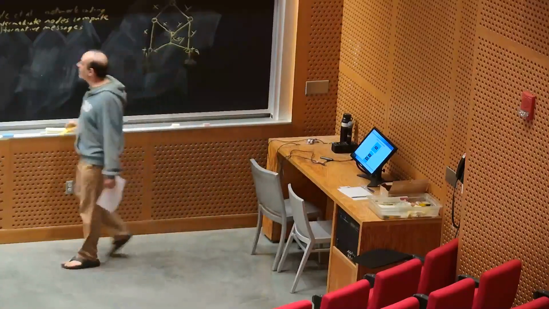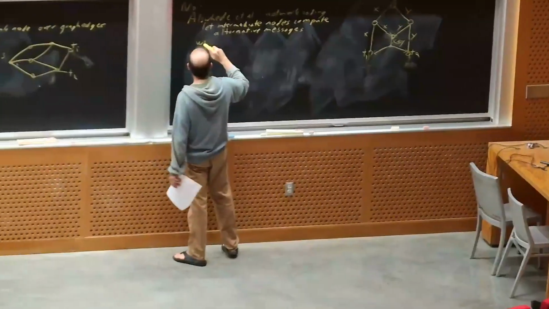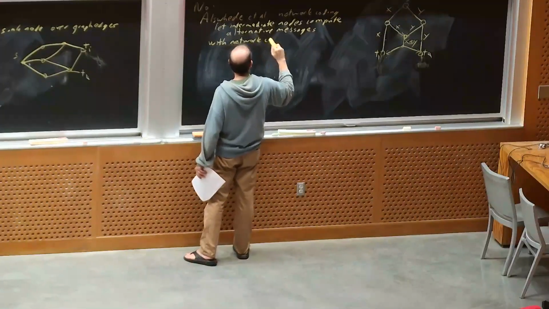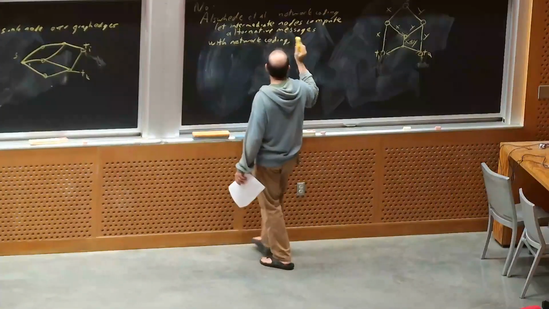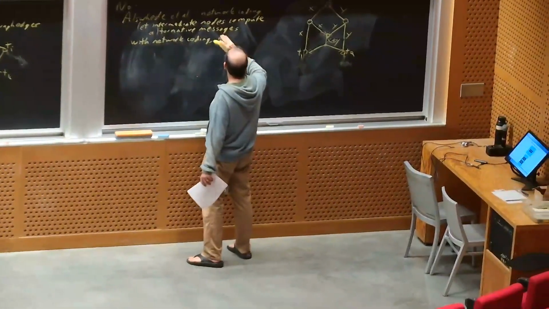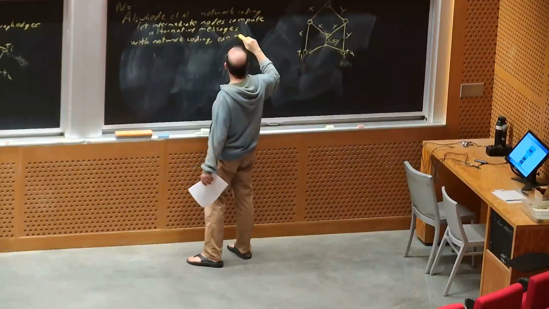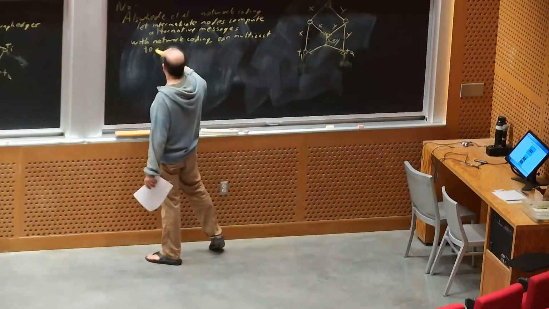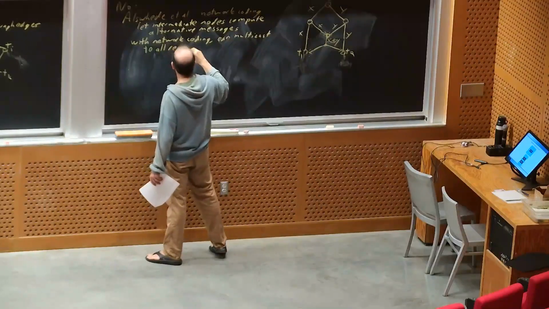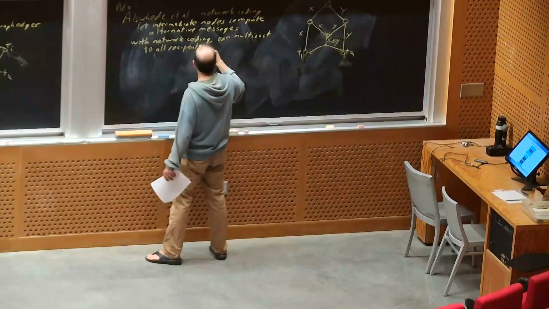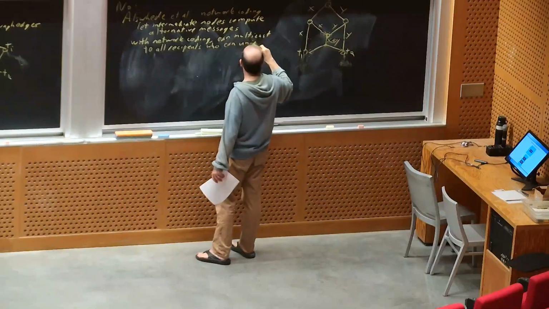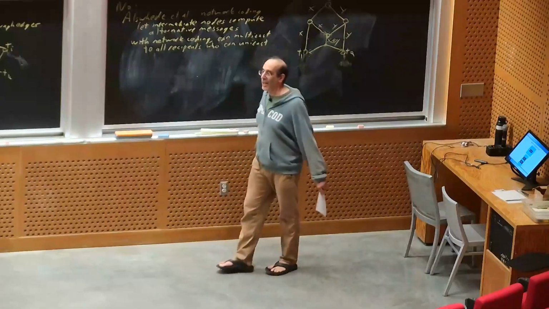And so Ahlswede actually proved that with this kind of network coding, you can multicast to all the recipients who have enough capacity to receive the unicast.